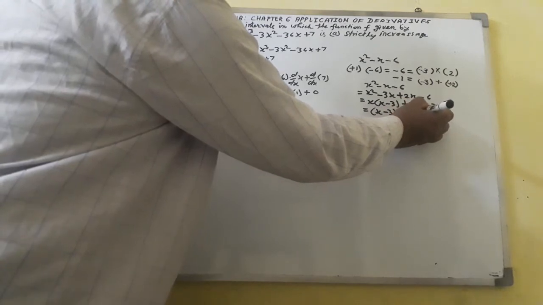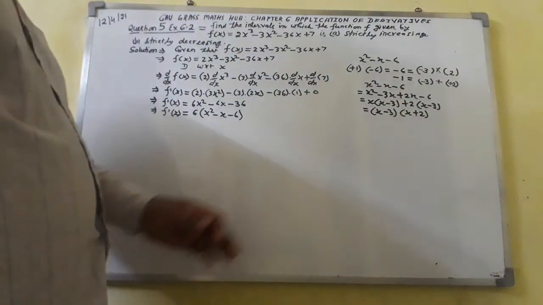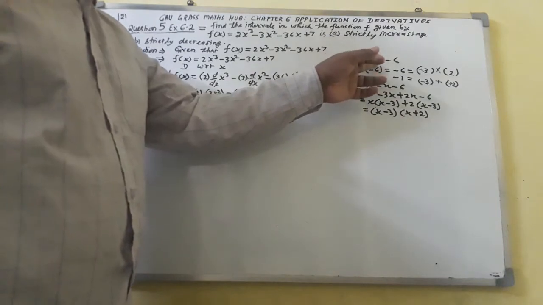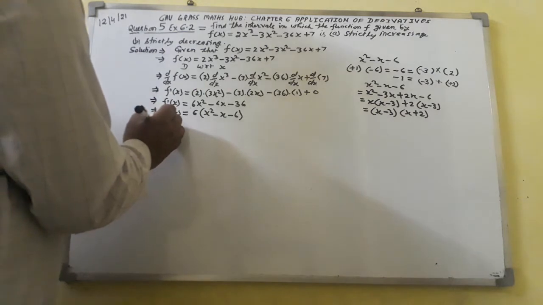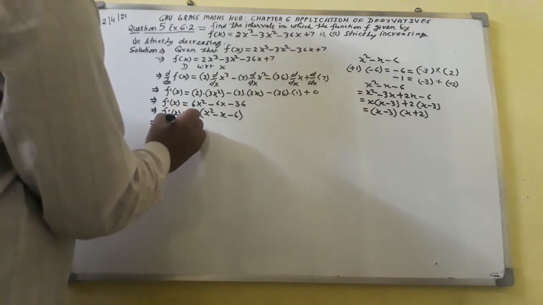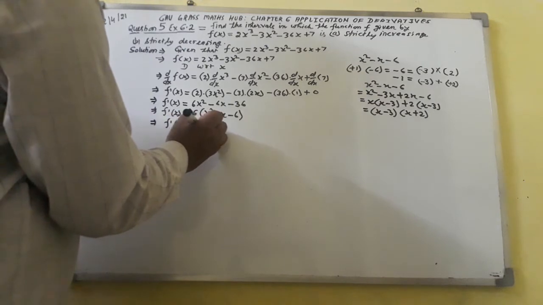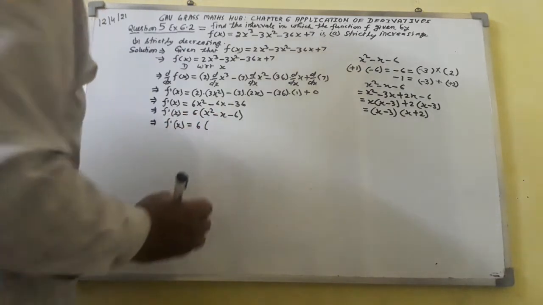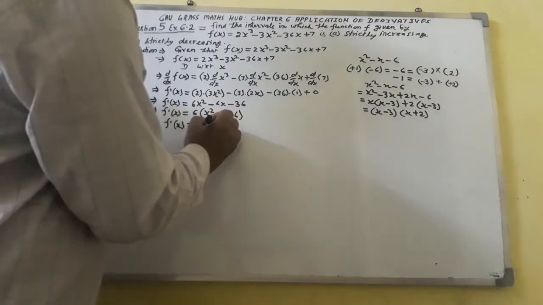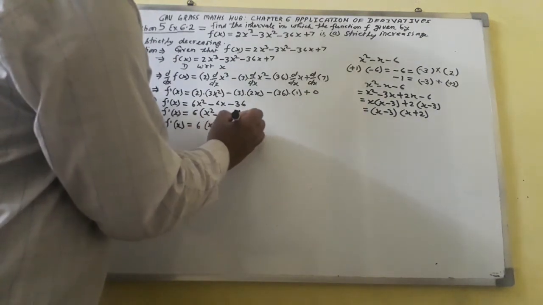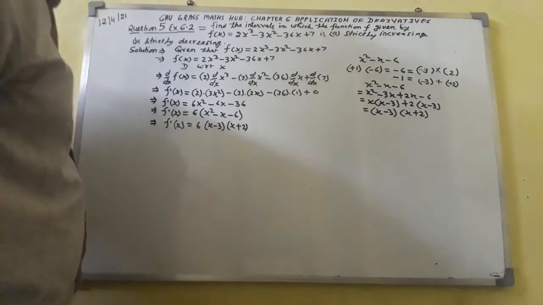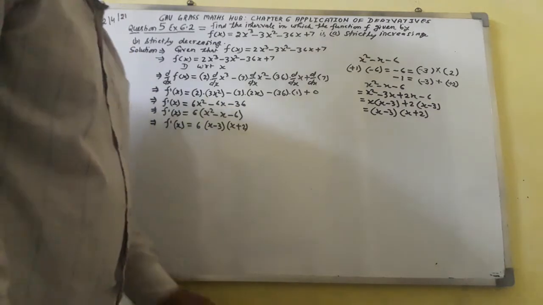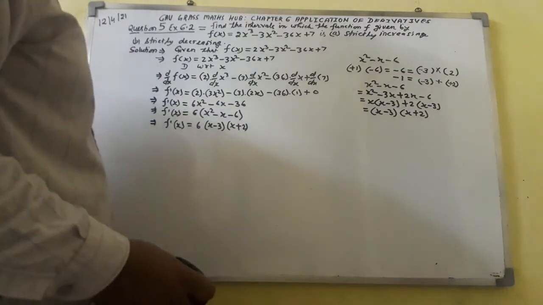This is the prime factorization of x square minus x minus 6. The same thing I reflect here: f dash of x equals 6 times (x minus 3)(x plus 2). Now I have got the factorization of the quadratic equation, so I am going to erase this.